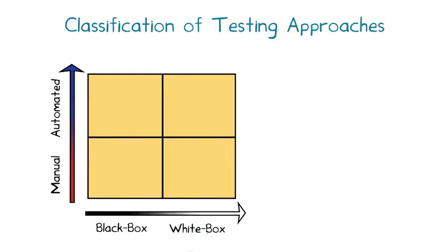The horizontal axis describes the amount of access the testing apparatus has to the tested program's source code. Black box testing refers to testing where the tester can see nothing about the tested program's internal mechanisms, as though the program is contained inside an opaque box.